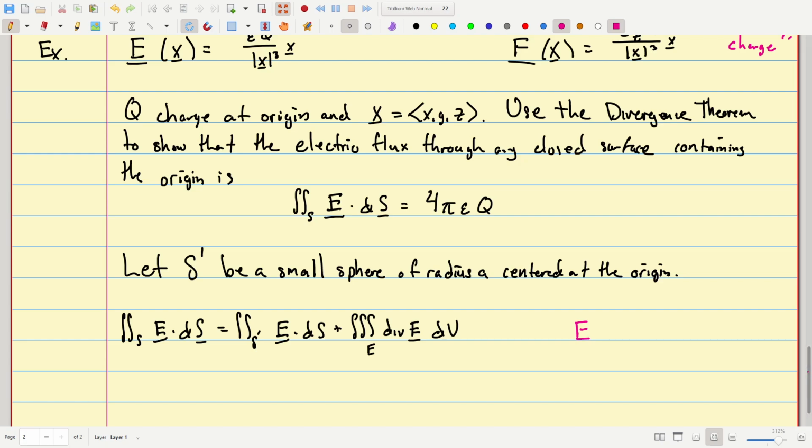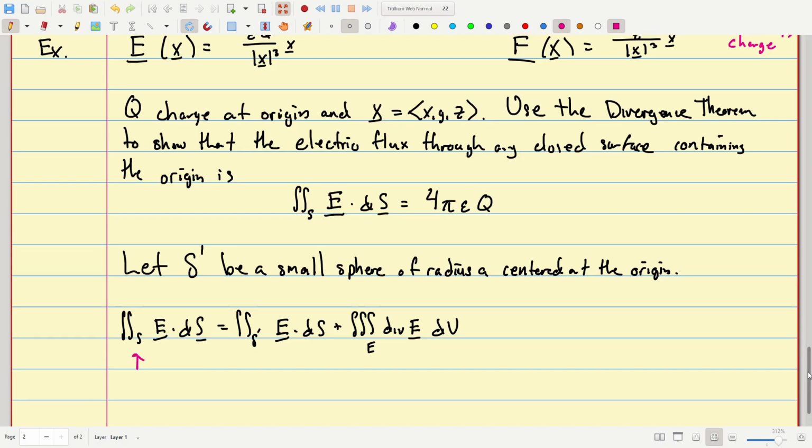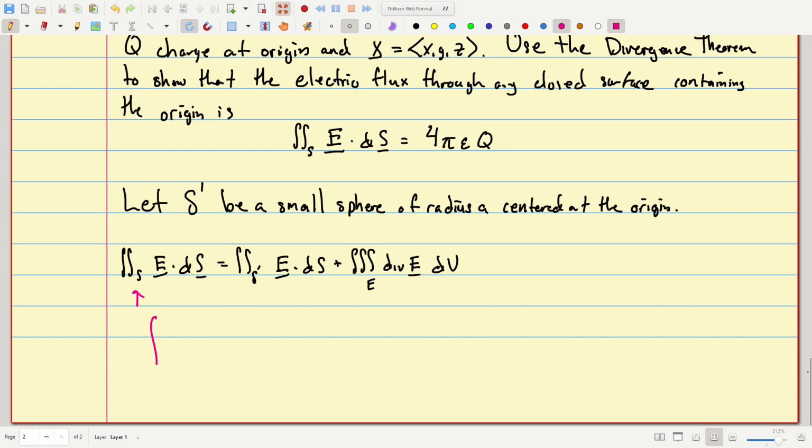I have a volume that is bounded by S. So there's one of those weird shapes that I was drawing. It doesn't really matter what it is, but I have a shape that is bounded by S.